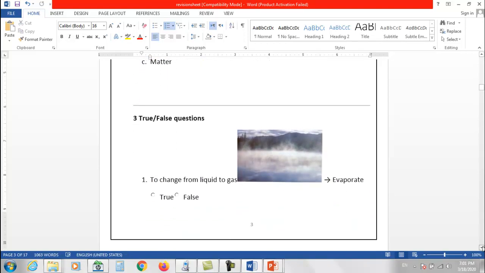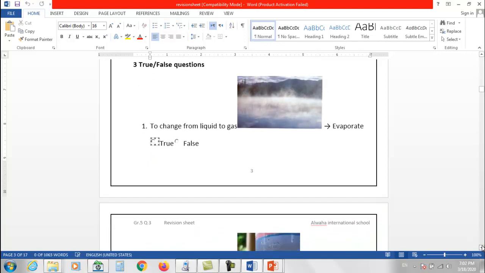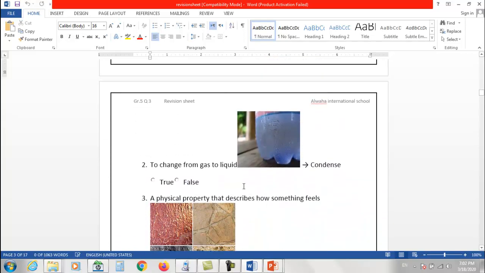True or false? To change from liquid to gas is, how did you see? It is evaporation. Excellent. It will be correct. To change from gas to liquid, it will be condensation.